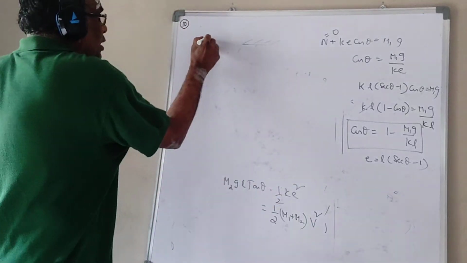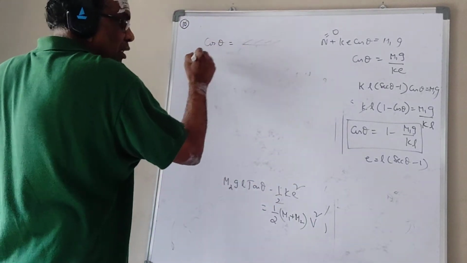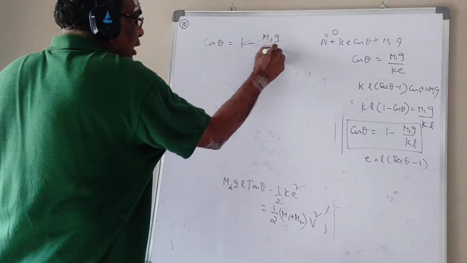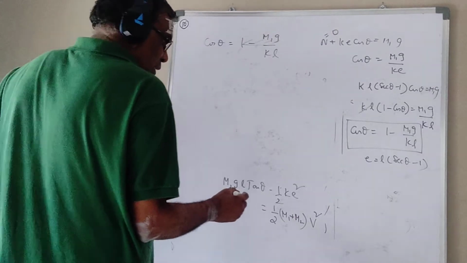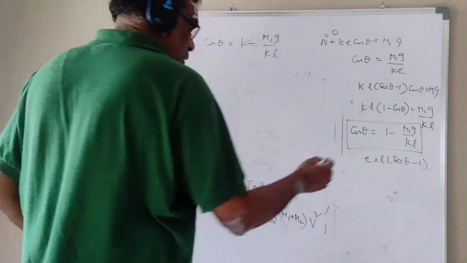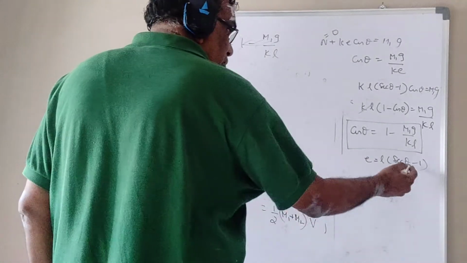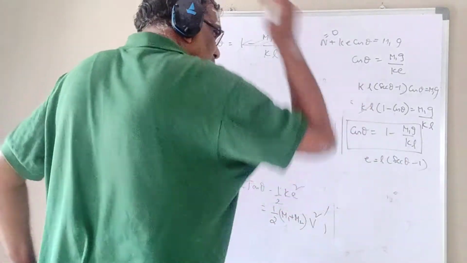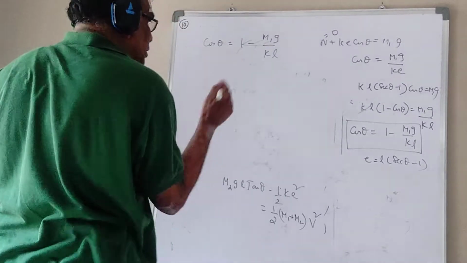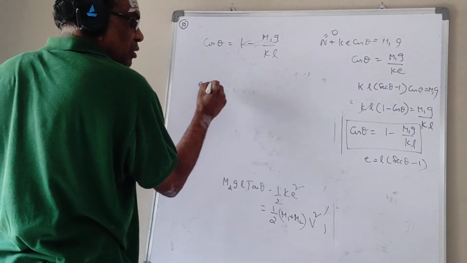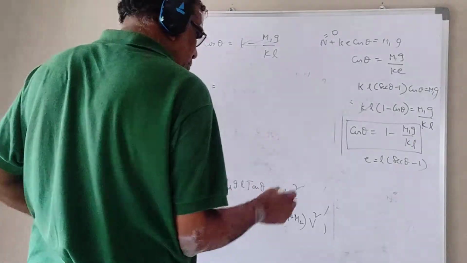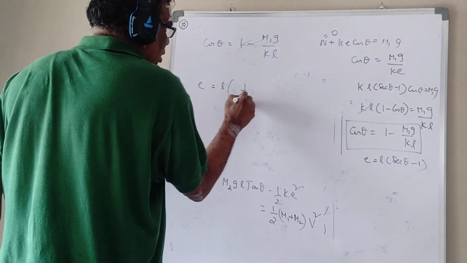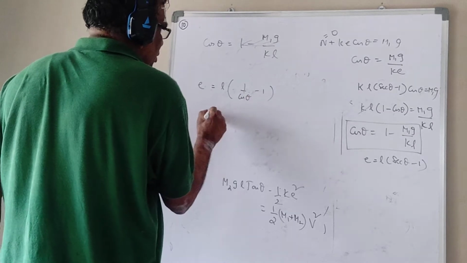So I write here your cos theta is 1 minus m1g by kL, and of course E you can write in terms of L, sec theta minus 1, you can write it as E is equal to L into 1 by cos theta minus 1.